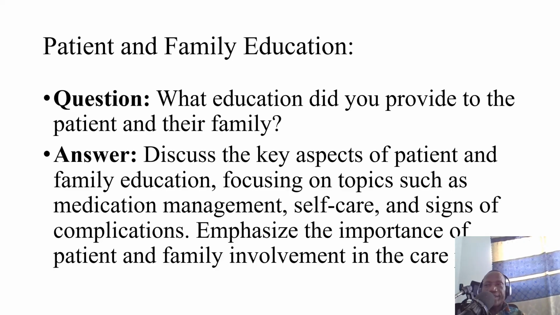The patient can be educated on the condition so that he will know what brought him or her to the hospital. The patient should be educated on self-care. He should also be educated on the signs of complications so that when he notices any complication, he has to rush back to the hospital. And lastly, whether a patient is discharged or still in the hospital, the family, the relatives are supposed to be involved.